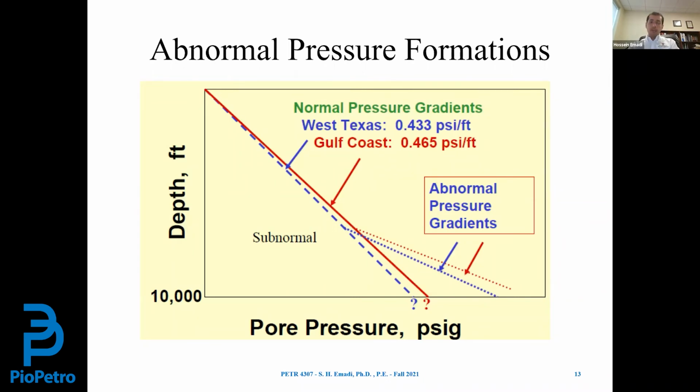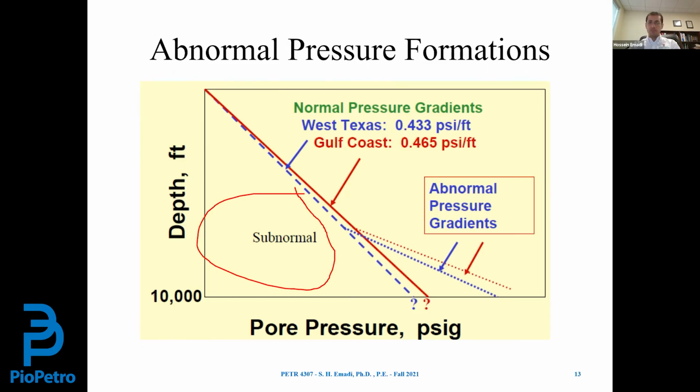If you find any pressure in this area below the normal pressure line, we call it subnormal, meaning that the pressure gradient is less than the normal pressure gradient, which in the Gulf of Mexico is 0.465 psi per foot.